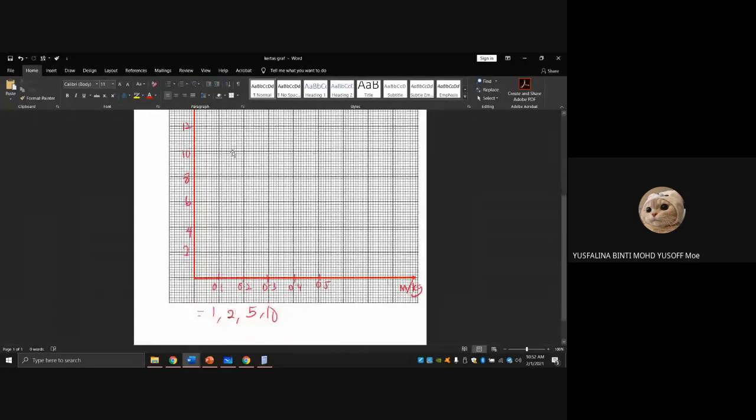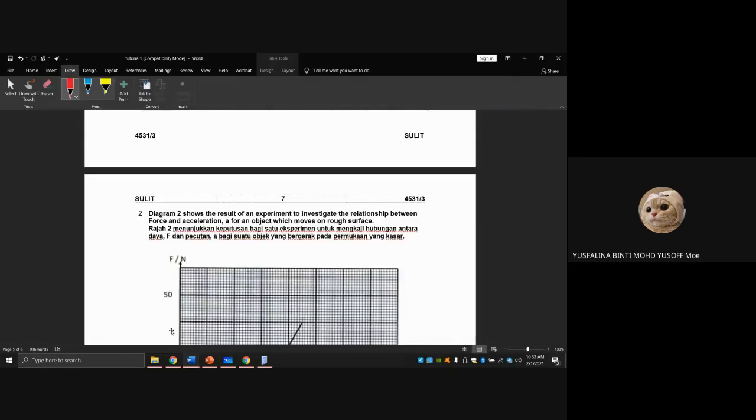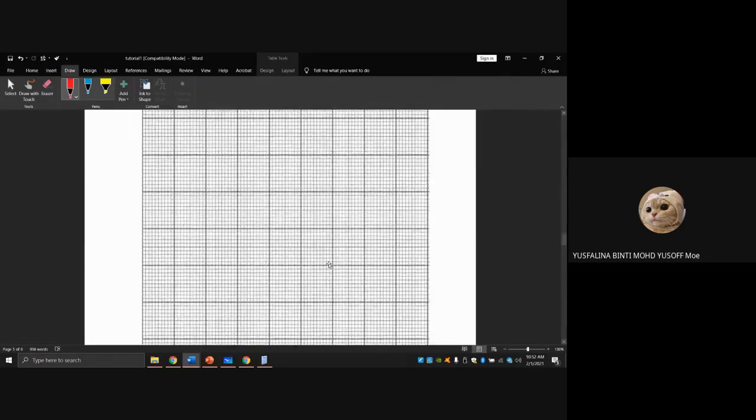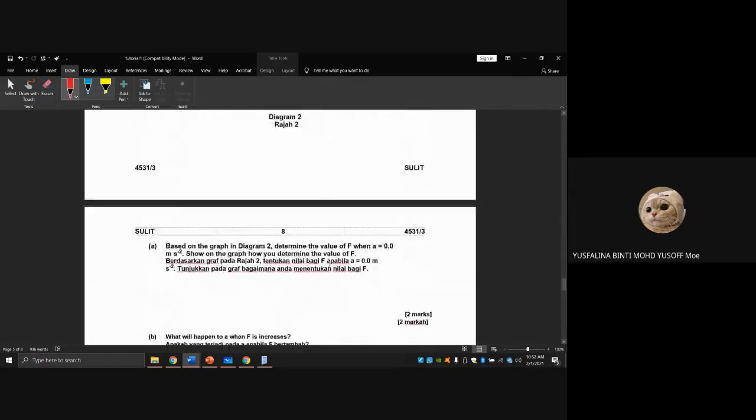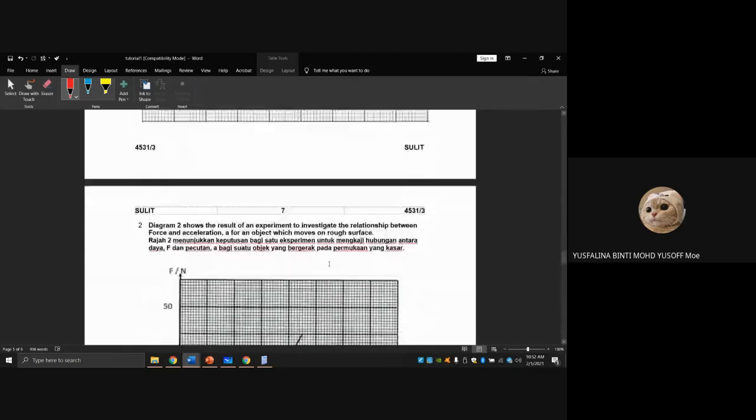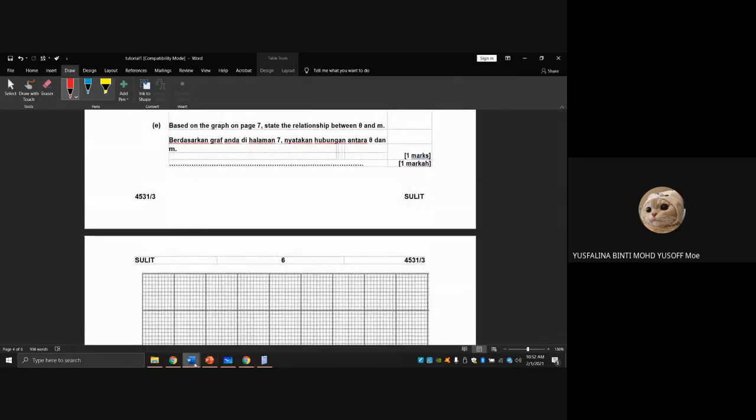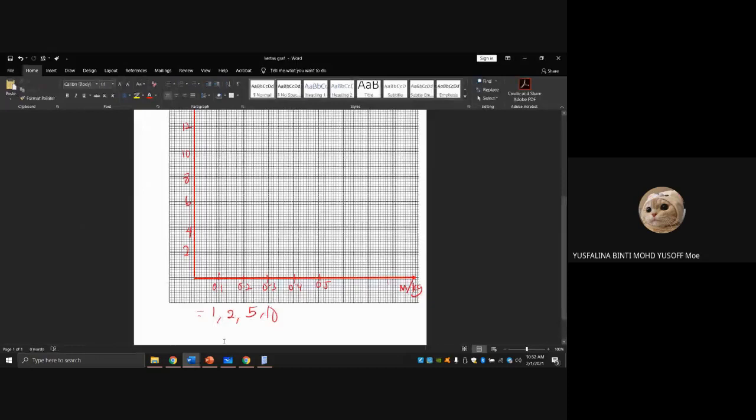I think you already know how to plot the graph. The first reading is 0.1, right? So 0.1 is 4. Am I correct? Okay, 0.1 is 4. So you plot the graph here. Make sure you use this mark. Don't use a dot; do not draw like this.